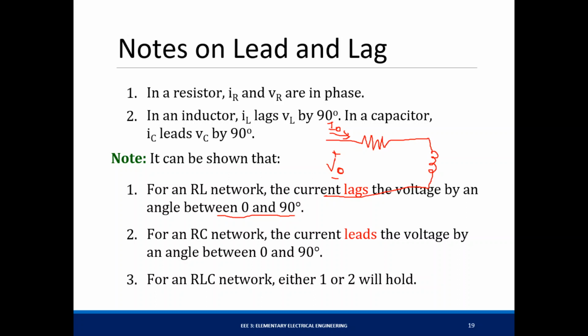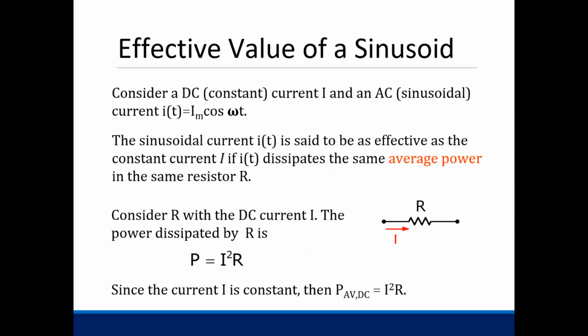Alright, so now we know how the voltage and current behave in the three elements if it's an alternating current. Then what we're interested in is the power across each element. So we define what we call an effective value of a sinusoid that represents the power that is flowing through the elements.